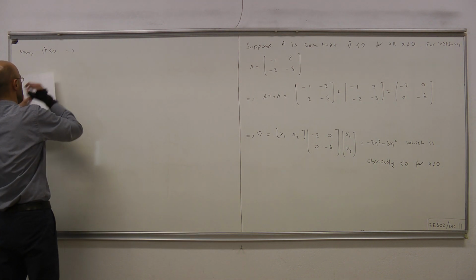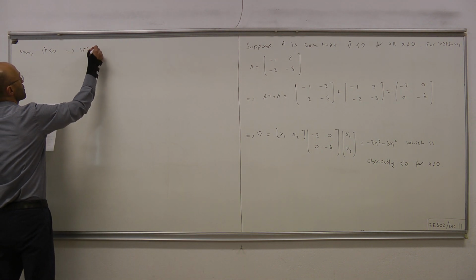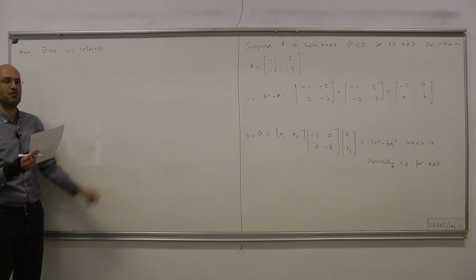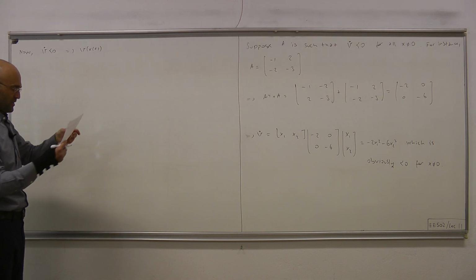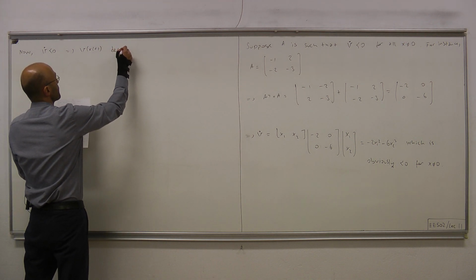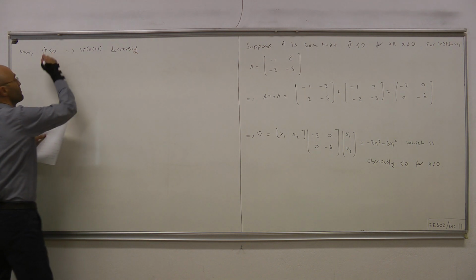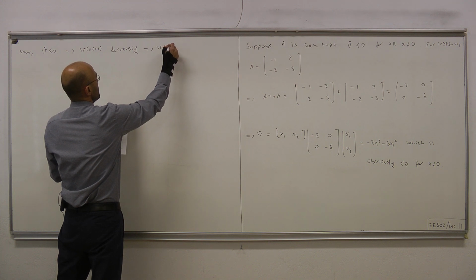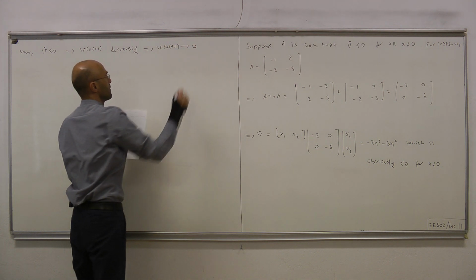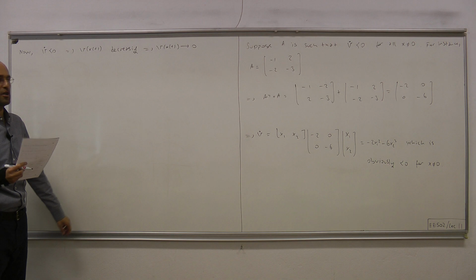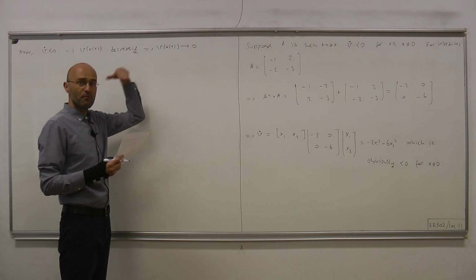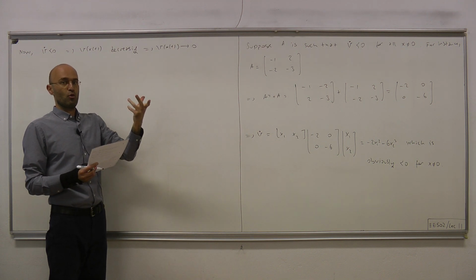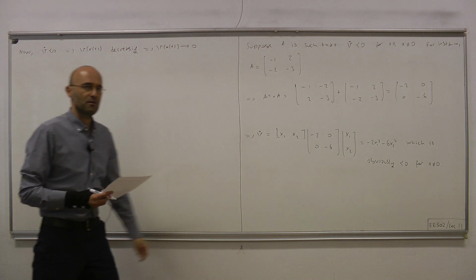So that means v of x of t, the solution of the system passed through that function v, is always decreasing, because its time derivative is always negative. So v of x of t is going towards 0. It cannot go negative because v by definition is the norm square. That's how we constructed it, x transpose x.